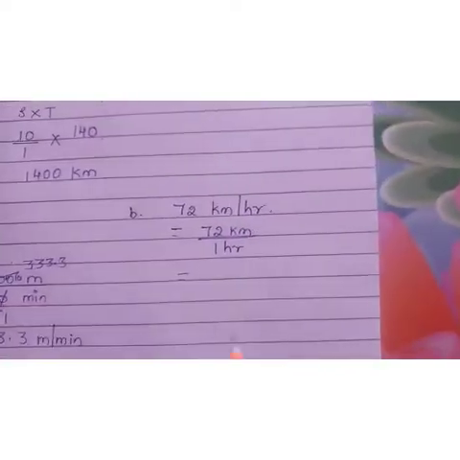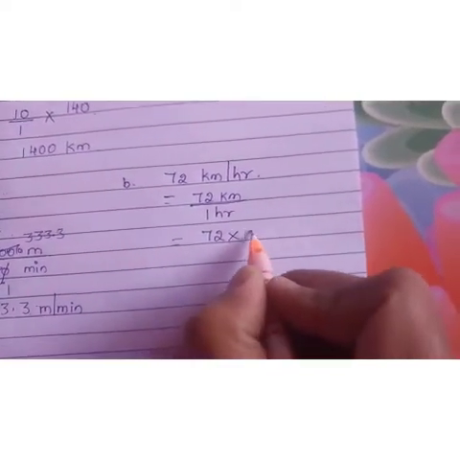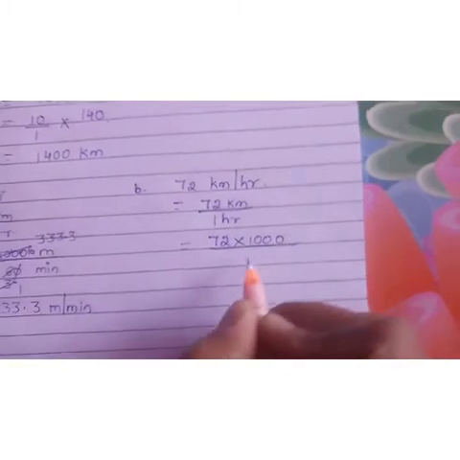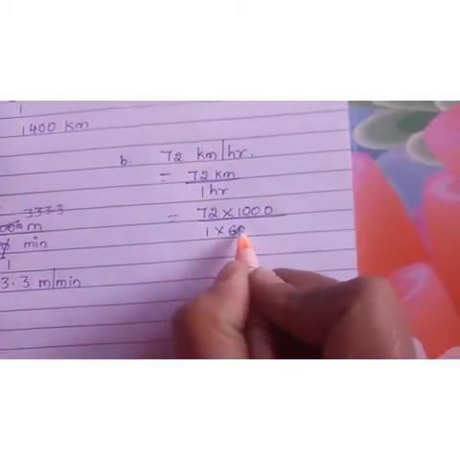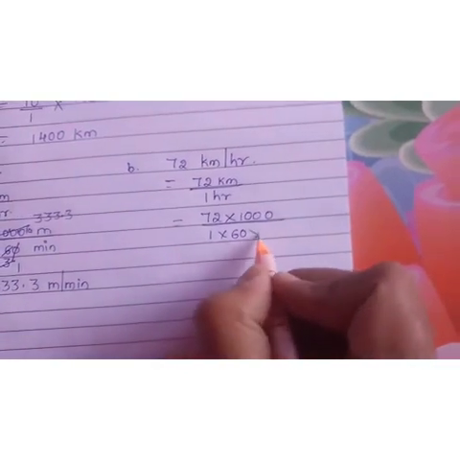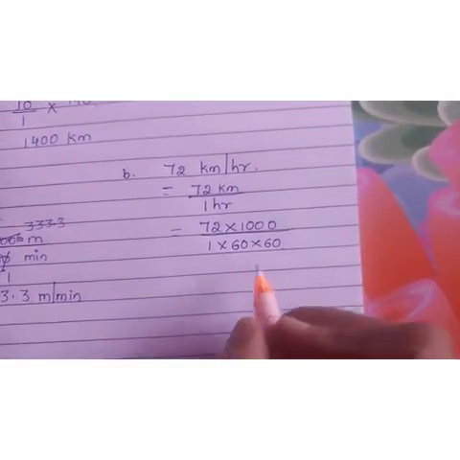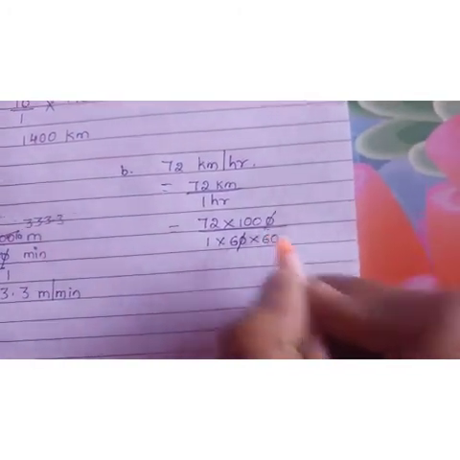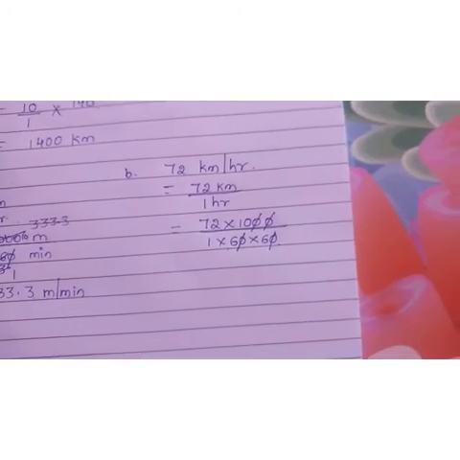Next what will you do? Again 72 into meters, that is into 1000 upon 1 hour. So children, 1 hour contains 60 minutes and each minute contains 60 seconds. So into 60 into 60. 1 0, 1 0 gets cancelled. 1 0, 1 0 gets cancelled.